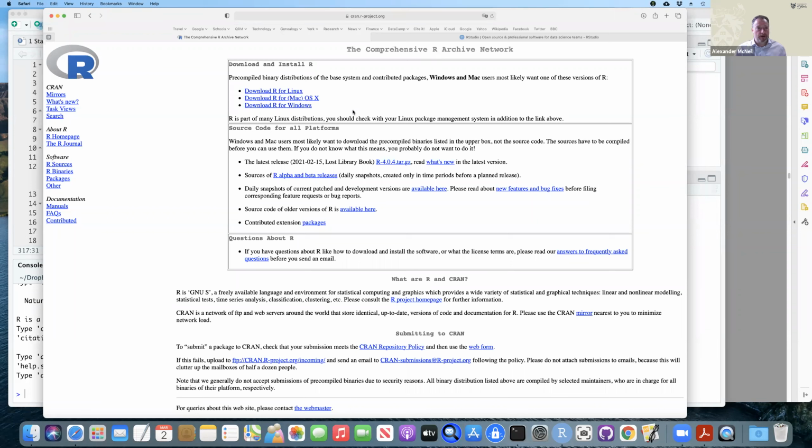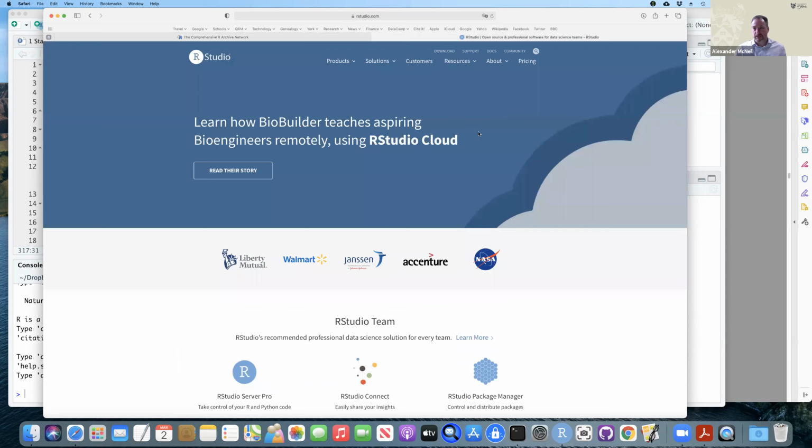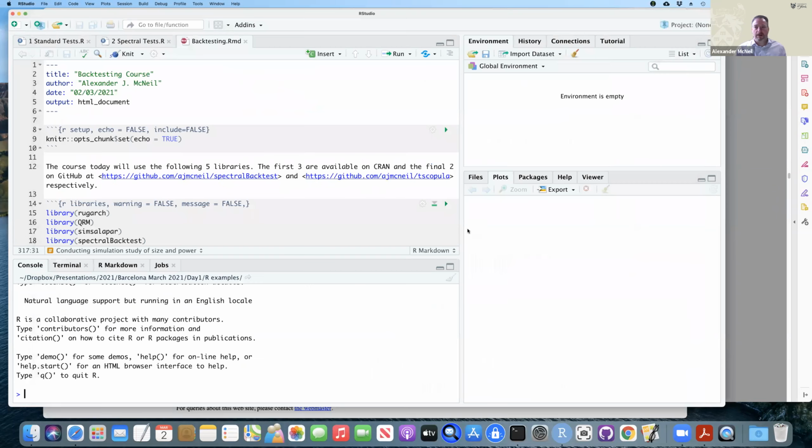And the other thing you would want to get in order to reproduce everything I do today is RStudio, which is a kind of integrated development environment for using R. It is also free if you take the basic version, which is all you need. You don't need to actually buy it. You can take the free version. And RStudio would be where you run R. And this is RStudio that you're looking at.